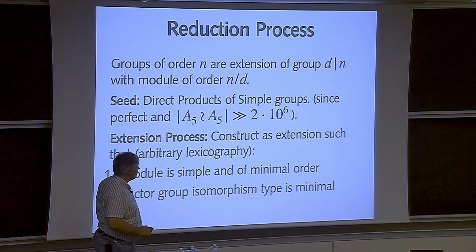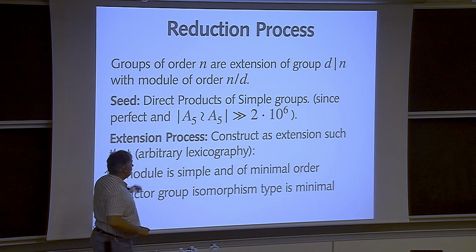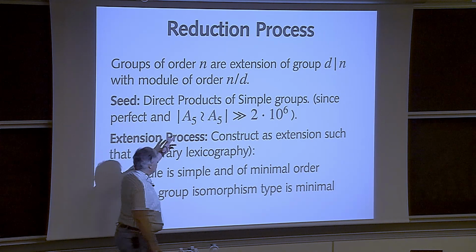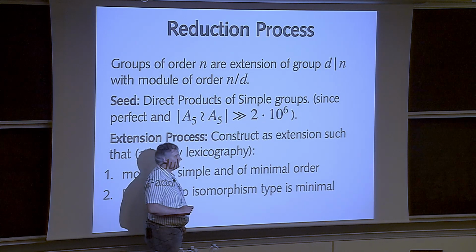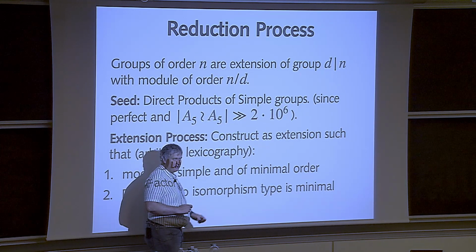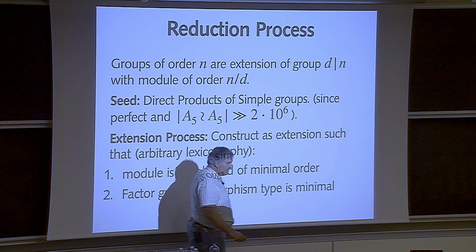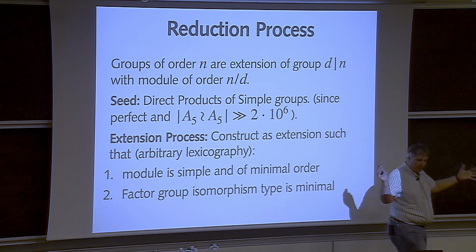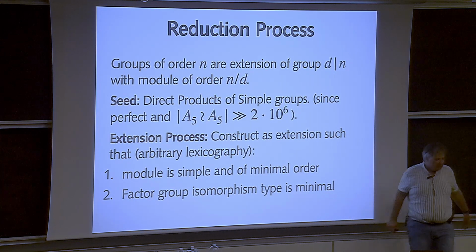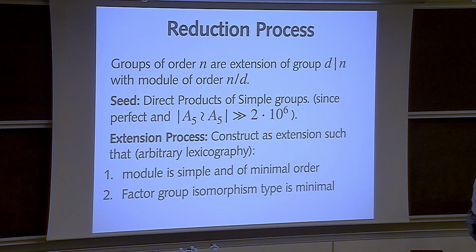The first situation where I would have something more complicated would be a 5-fold A5, and that has order much, much more than this. So the order limit means the radical factors are just direct products of simple groups. Well, I assume the classification of finite simple groups, and constructing direct products is easy.